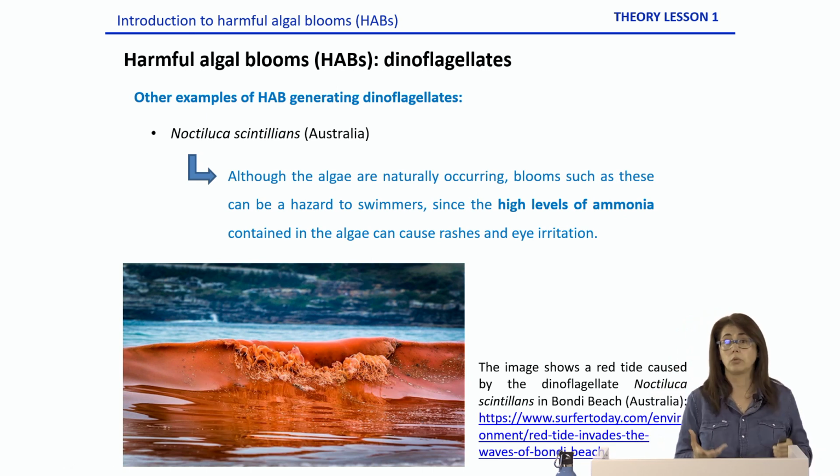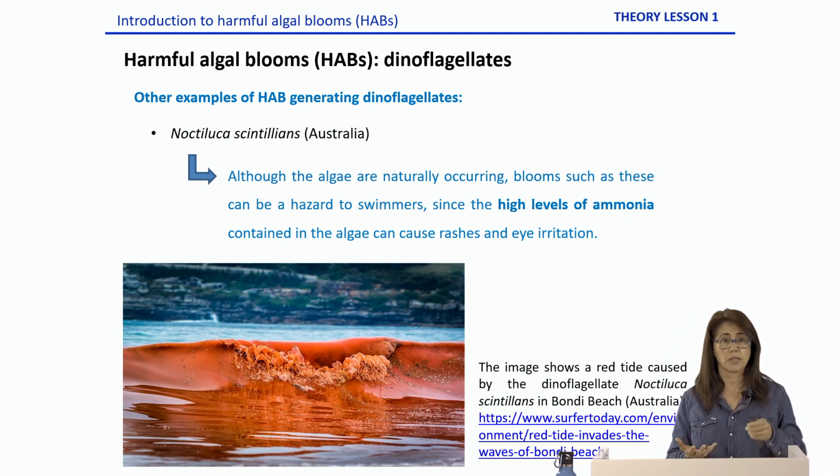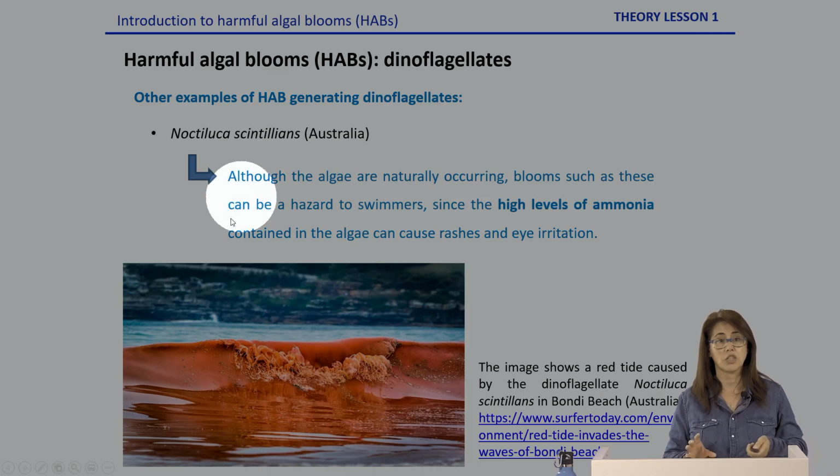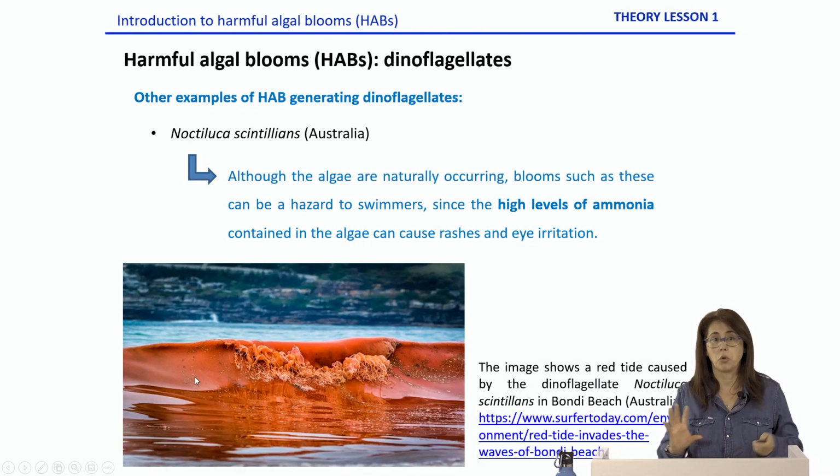Another example of dinoflagellates that can generate HABs is Noctiluca scintillans, a dinoflagellate that is very commonly found in Australia and generates these beautifully colored red waters.